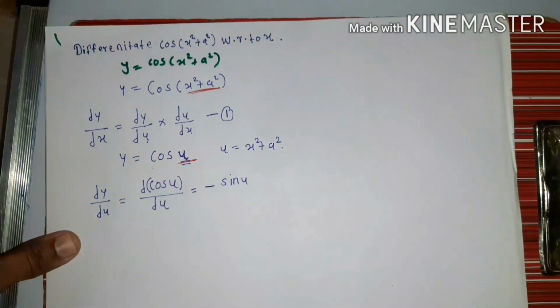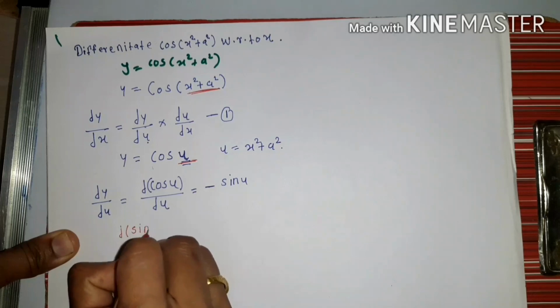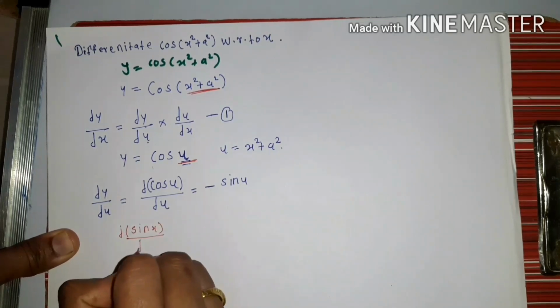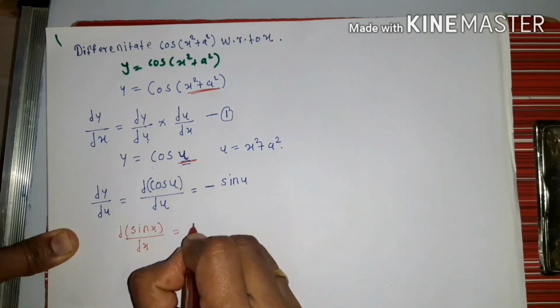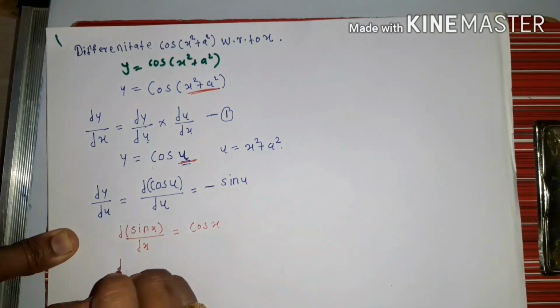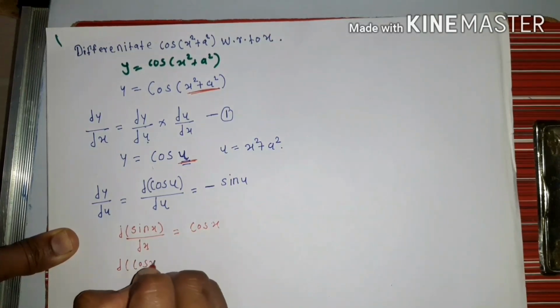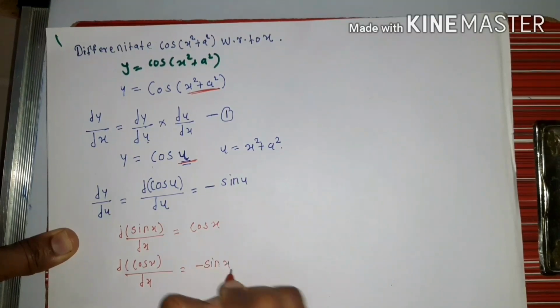We know the formula for differentiation of sine x with respect to x is cos x, and differentiation of cos x with respect to x is minus sine of x.